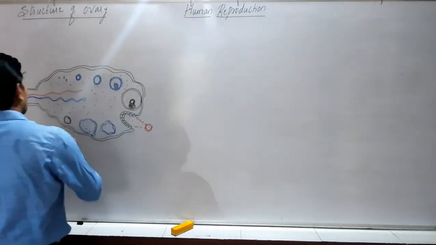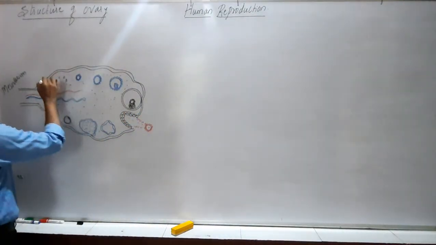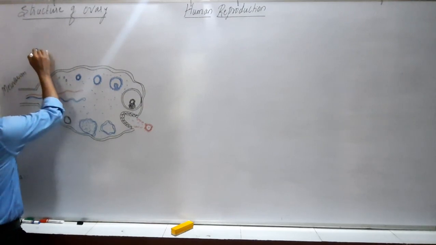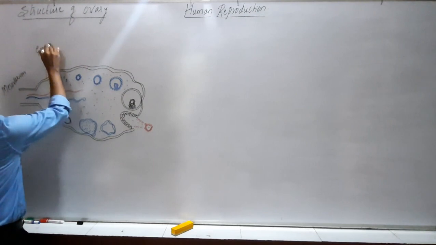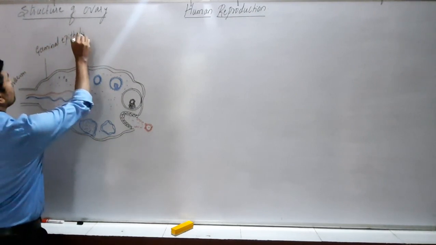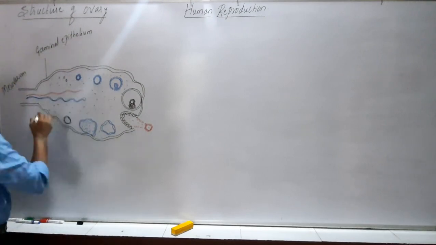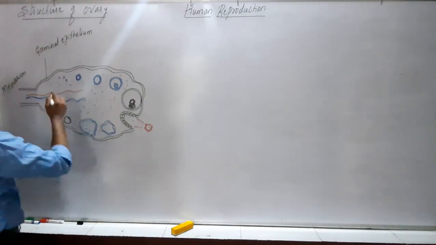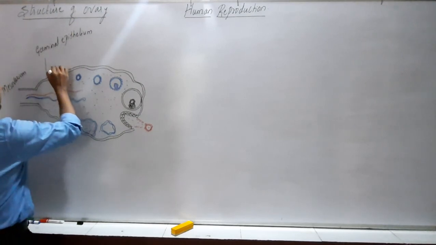Then apart from this, here we have the cells called the germinal epithelium. This is the germinal epithelium, and below the germinal epithelium we have a layer called the tunica albuginea.